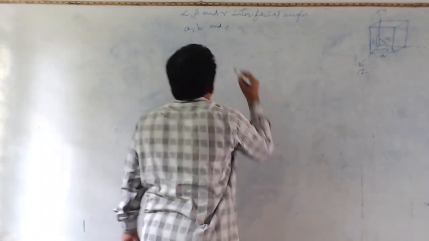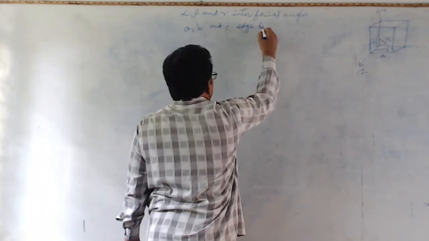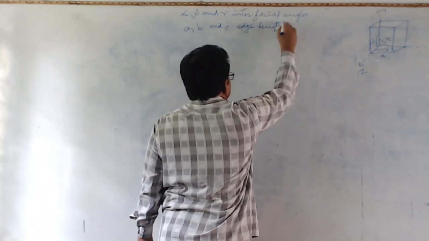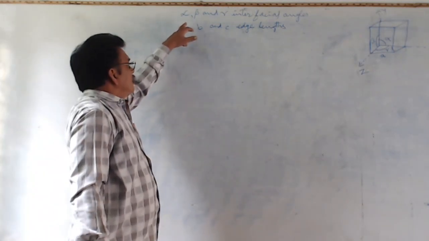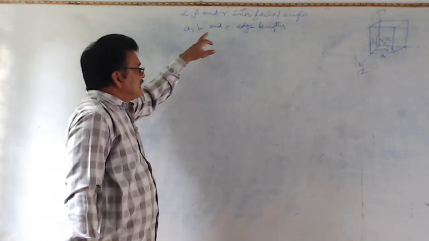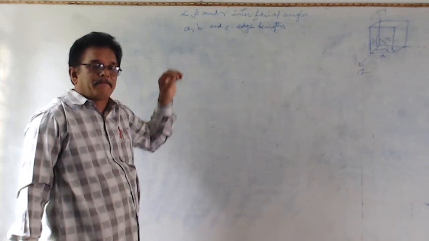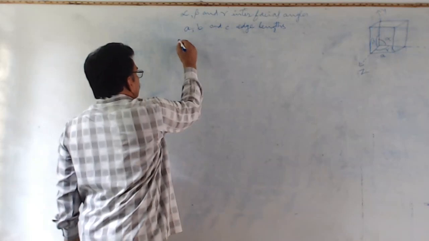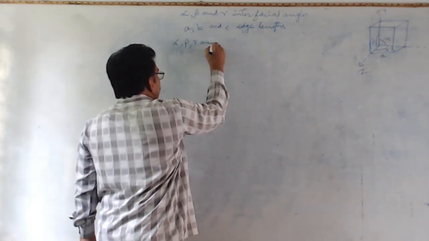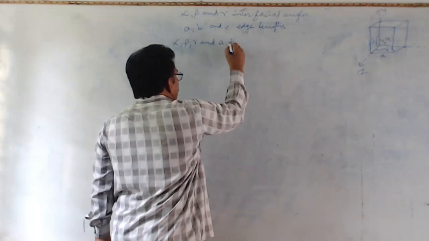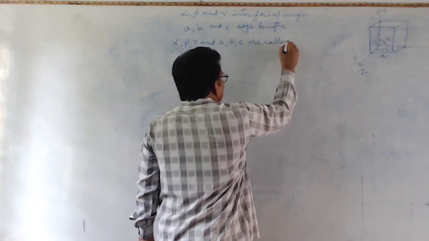So these are edge lengths. Interfacial angles and edge lengths are called unit cell parameters. Alpha, beta, gamma, and A, B, C are called unit cell parameters.